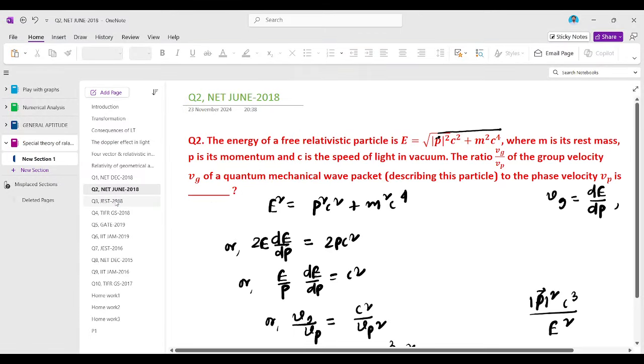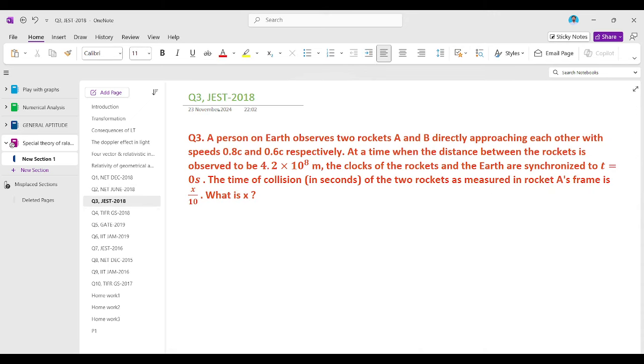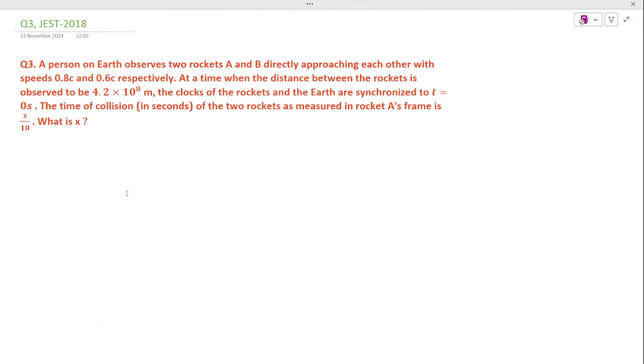Another one, question number 3, JEST 2018. A person on Earth observes two rockets A and B directly approaching each other with speed 0.8 c and 0.6 c respectively, at a time when the distance between the rockets is observed to be 4.2 times 10 to the power 8 meters. The clocks of the rockets and the Earth are synchronized to t equal to 0 seconds.